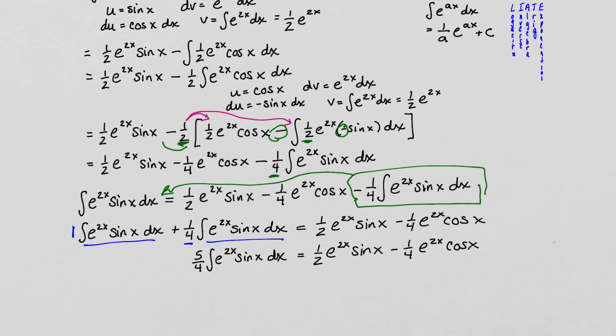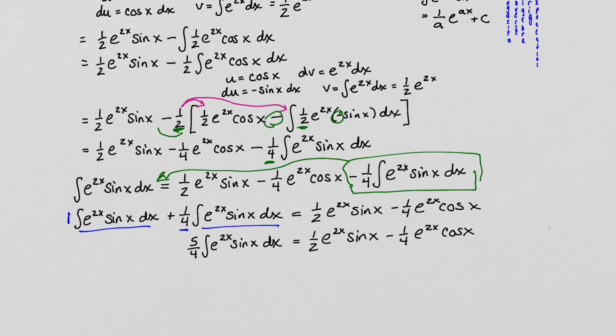I'm going to shift this up here a little bit so I have enough room. I put those two integrals together: one whole integral and another 1/4 of that same integral, so all together I have 5/4. Remember, 1 is the same as 4/4, so I had 4/4 plus 1/4. That's how I got the 5/4.